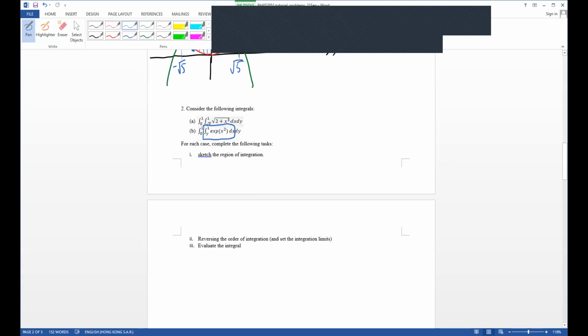That means I want to do dy dx instead of dx dy. And then of course these limits have to be changed or re-expressed. After that, look at the integral again, and you realize that you can do it analytically. So that makes this question a bit interesting.